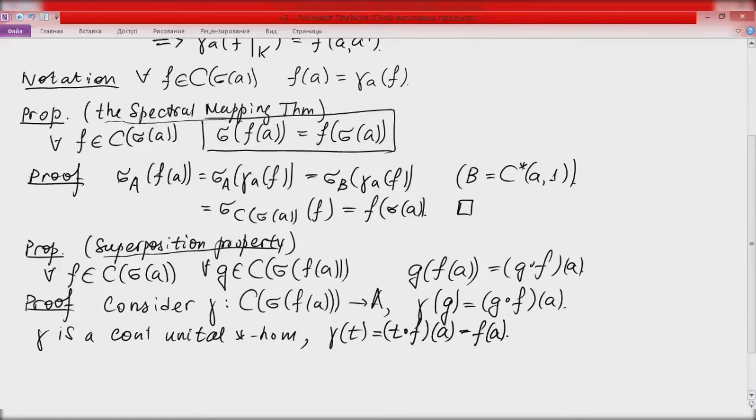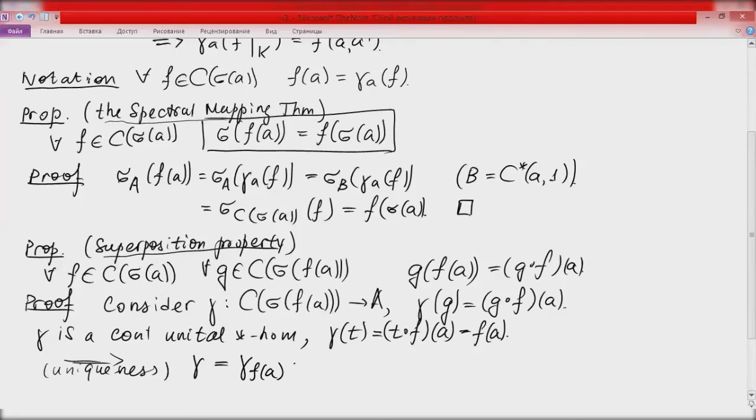And now by the uniqueness of the functional calculus, we conclude that gamma is nothing but the continuous functional calculus for the element f of A. And that's it.